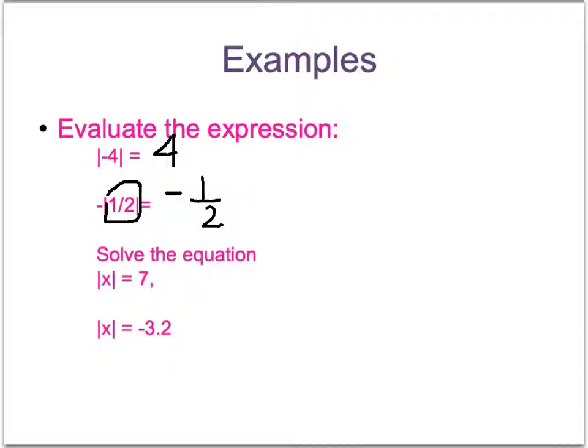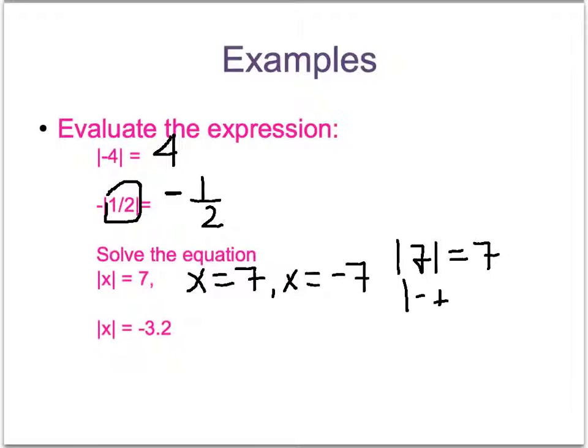Okay, another type of problem you'll be looking at is solve the equation. The absolute value of x equals 7. So that means that x could be positive 7 or x could be negative 7, right? And why? Because if I throw a 7 in the absolute value signs, I get a 7.